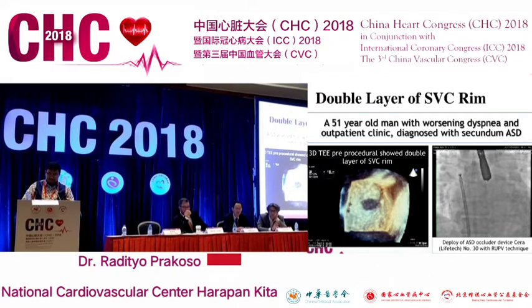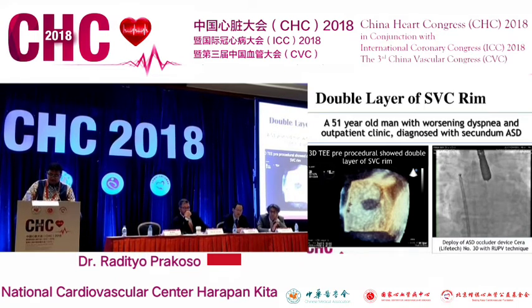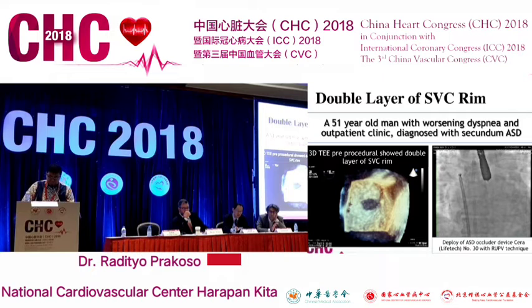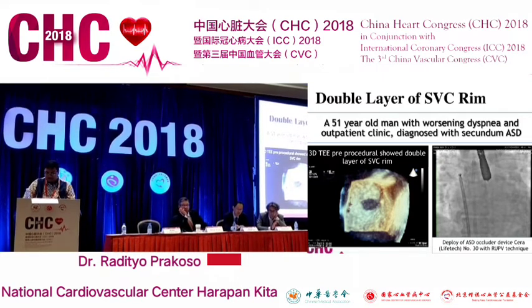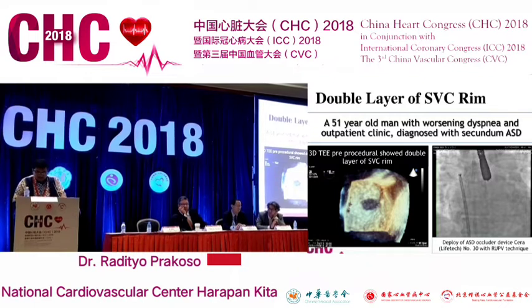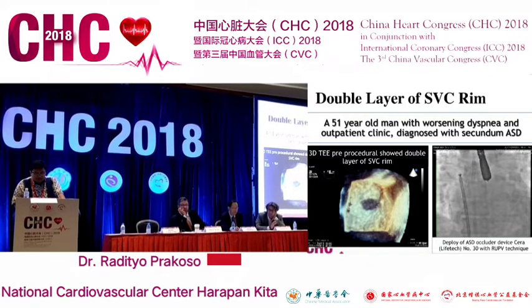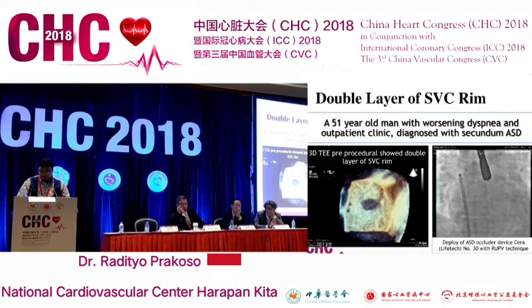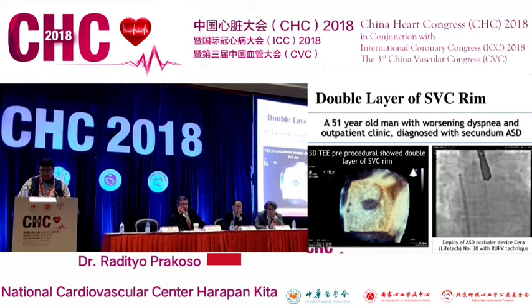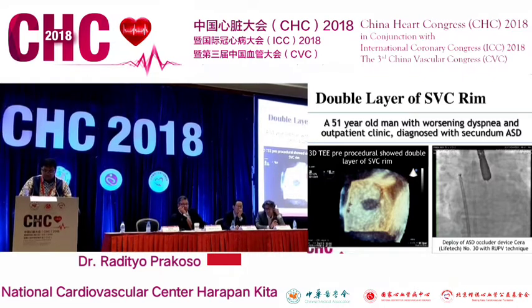And then, how about the double layer rim? This patient is a 51-year-old with secondary ASD. We did a conference in my center, and they said it was not suitable for device closure since there is a double layer of the rim. And I tried with the right upper pulmonary vein.